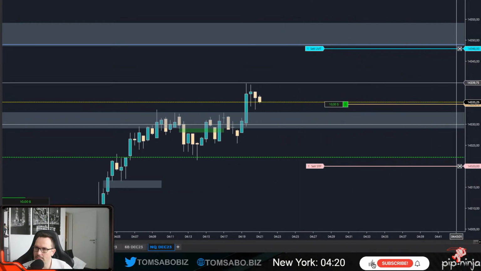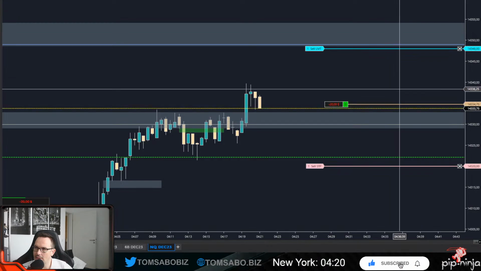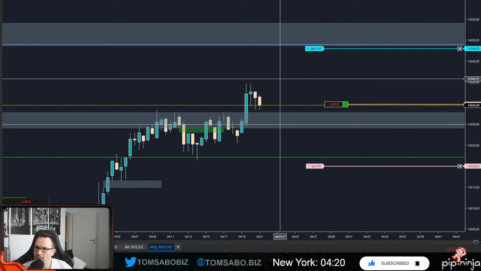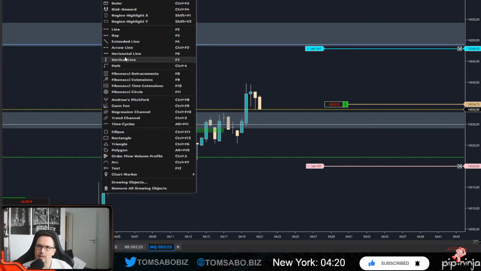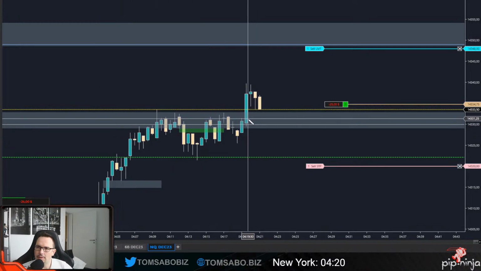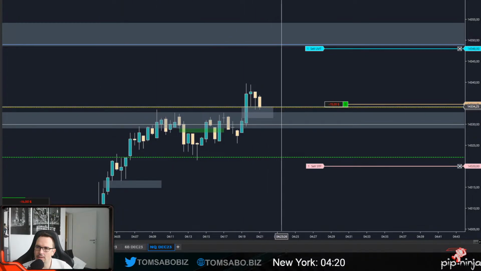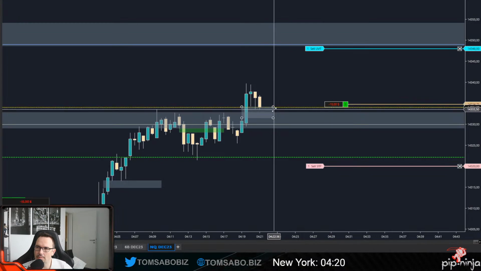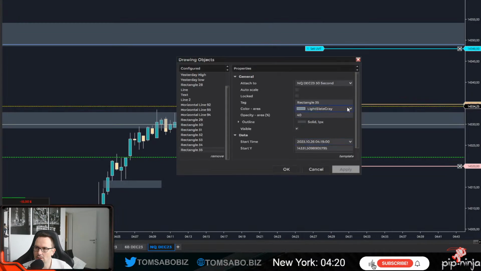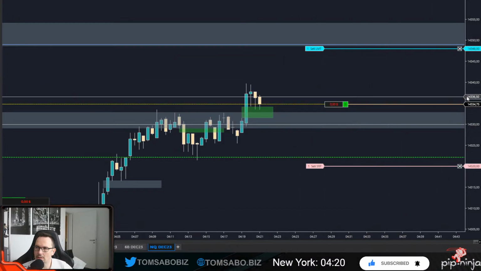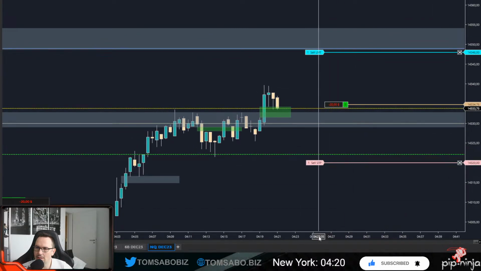So target is right up there. And my reason for entry is this fair value gap, which I can change to something different like this. Okay, so that was the reason for my entry.